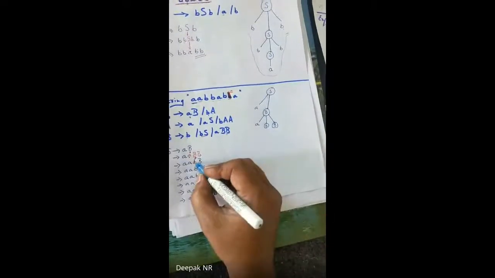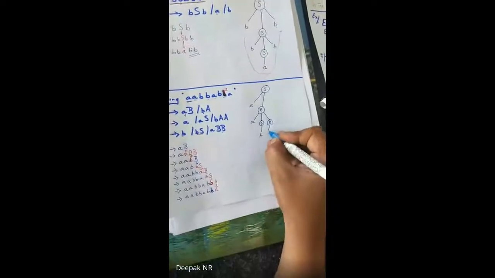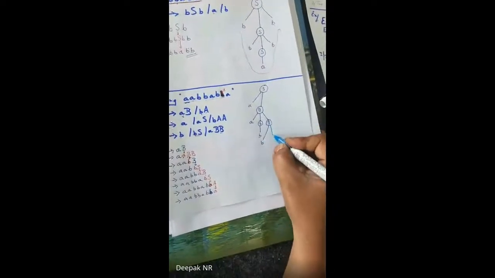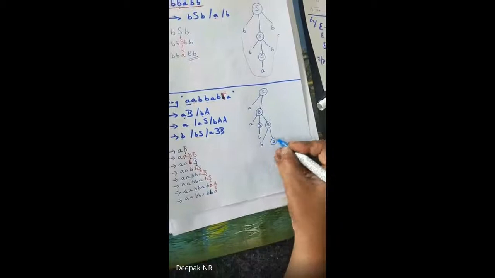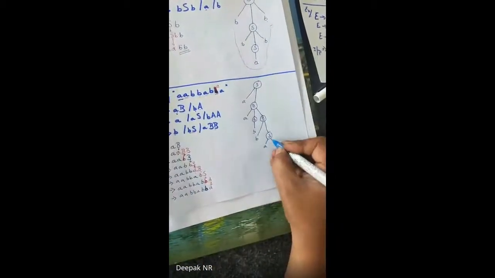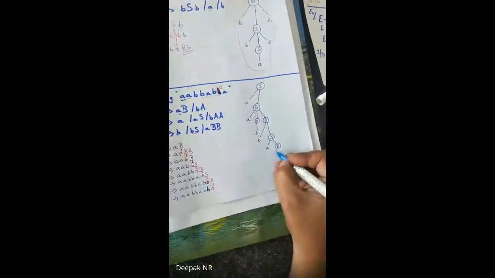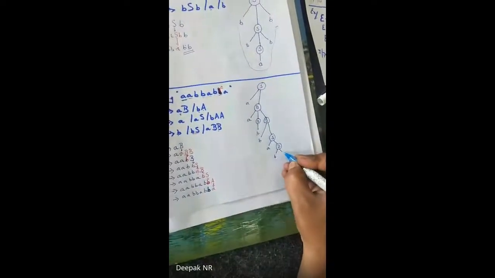This B tends to small b, and this B tends to one is B and one is S. Correct? This S tends to one is A and one is B. Now this B tends to one is B and one more is S.